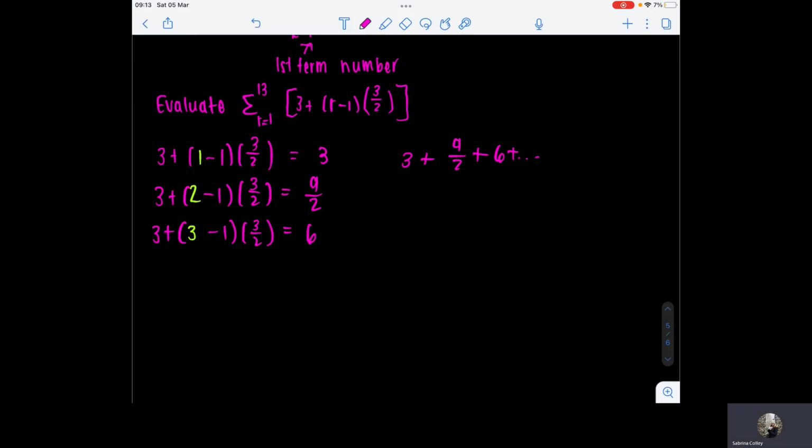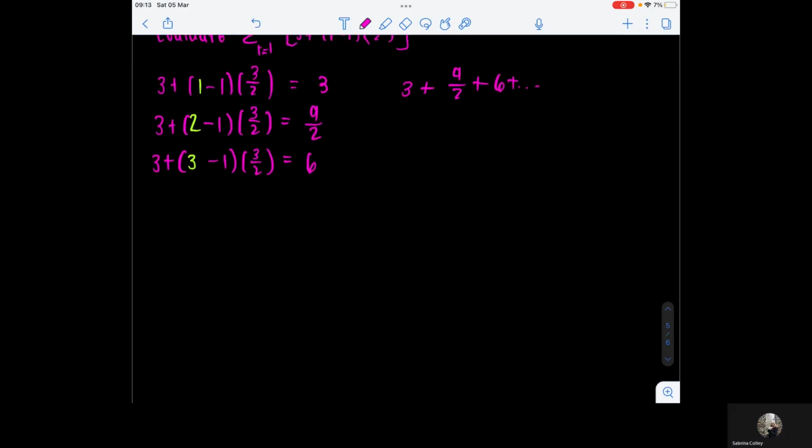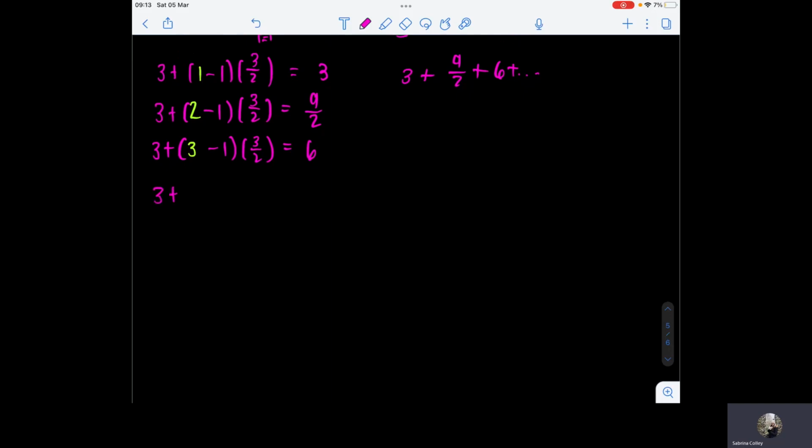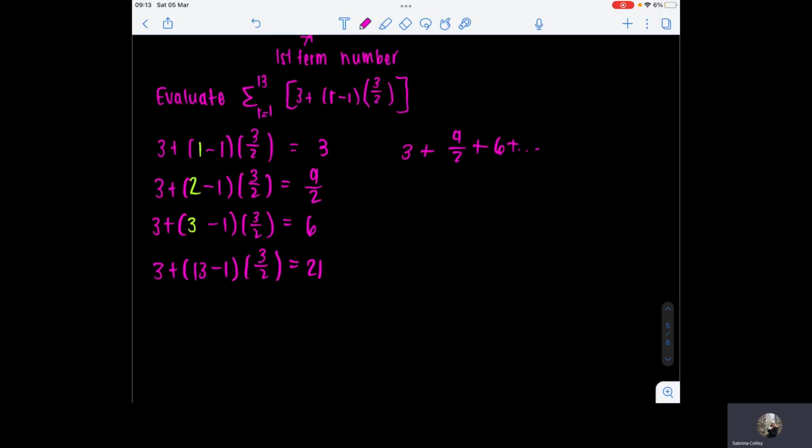Now, because they tell me what my last term is, I can find out what my 13th term is for my last number. So 13 minus 1 times 3 over 2, so that's going to give me 21. Okay, so now let me find the sum of this series. I can see that this is going to be the one where I use the formula with my last term.